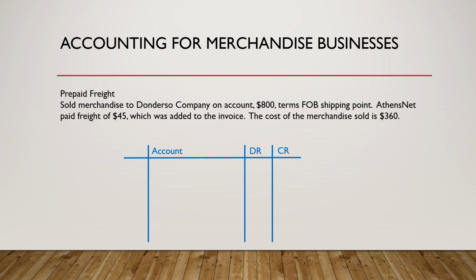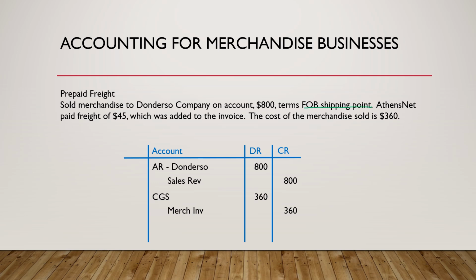AthensNet sold merchandise to Donderso Company on account, $800, terms FOB shipping point. AthensNet paid freight of $45, which was added to the invoice. The cost of the merchandise sold is $360. Record the sale with our basic two entries, debit AR and CGS, and credit sales and merchandise inventory.